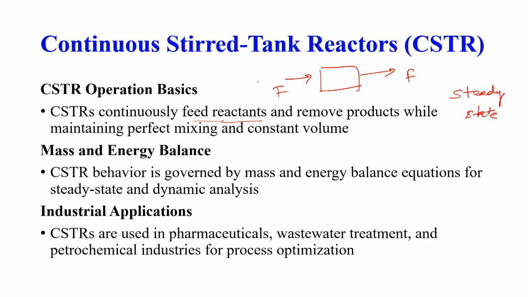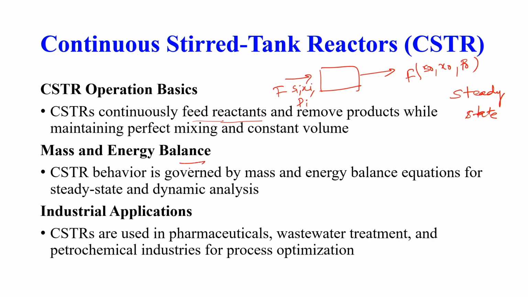Once we draw this flow diagram, in the feed we are going to have substrate, biomass, and we may have a product, and in the outlet also we are going to have these. If the feed is Si, Xi, Pi, the outlet will be SO, XO and PO.